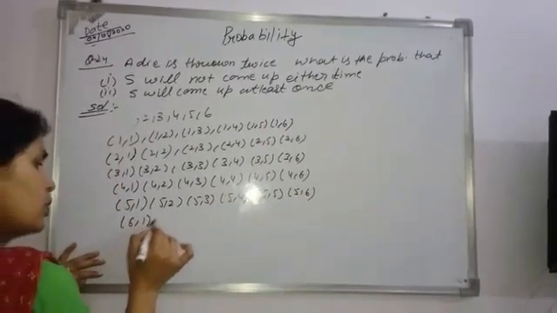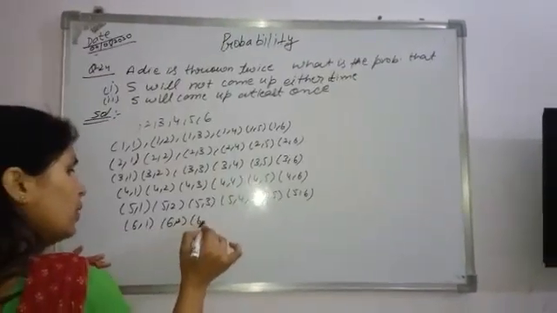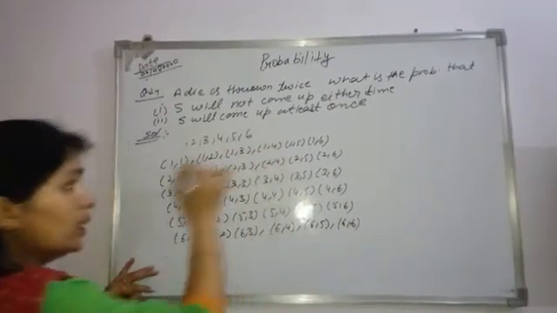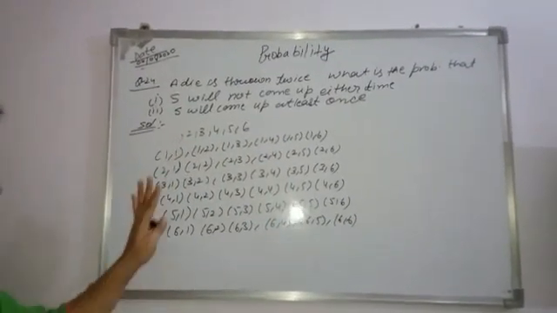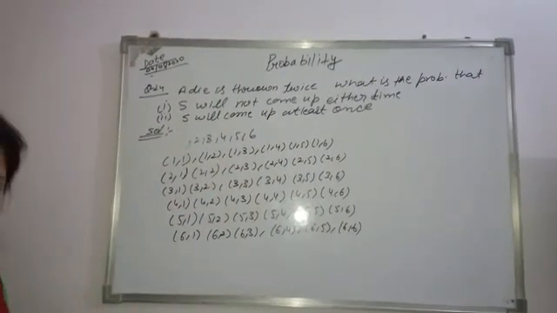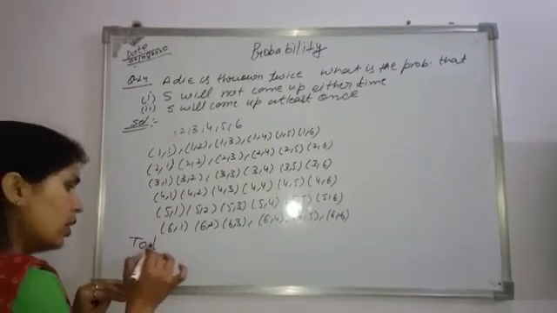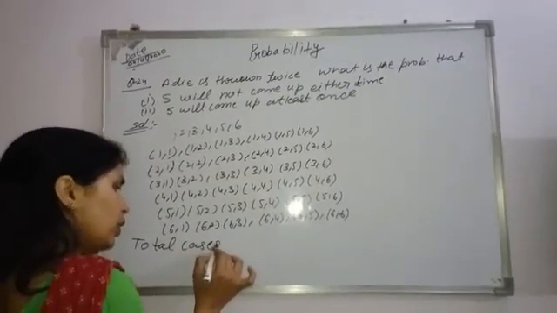And next 6-1, 6-2, 6-3, 6-4, 6-5 and 6-6. So these are our total cases. These are the only possibilities when we have a single die and throw it 2 times. Total cases is equal to 36.